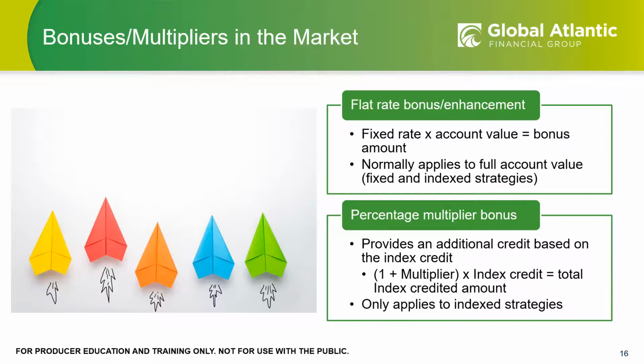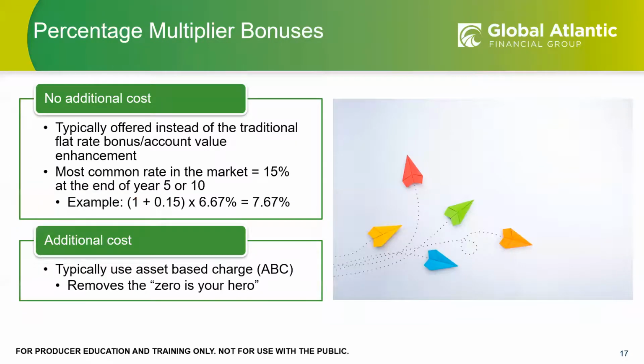There are some carriers that have these built into their base contract at no additional cost. And the multiplier most common is 15%. You can see that one at the top. This is typically offered instead of the flat rate bonus on the account value. And then it's just added to the index buckets.